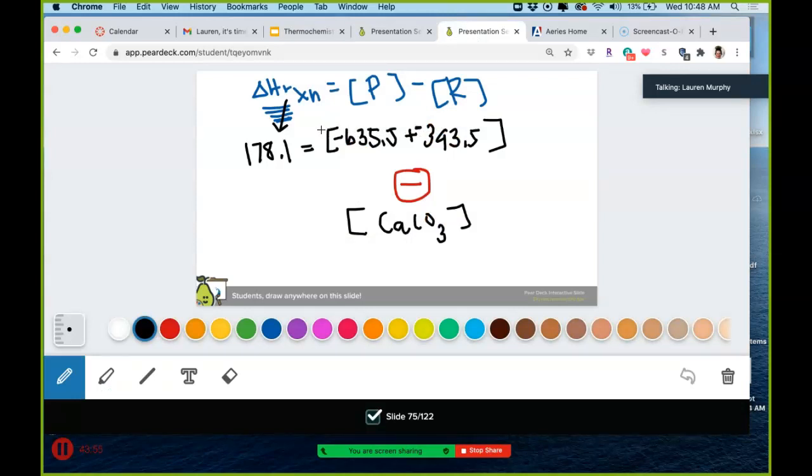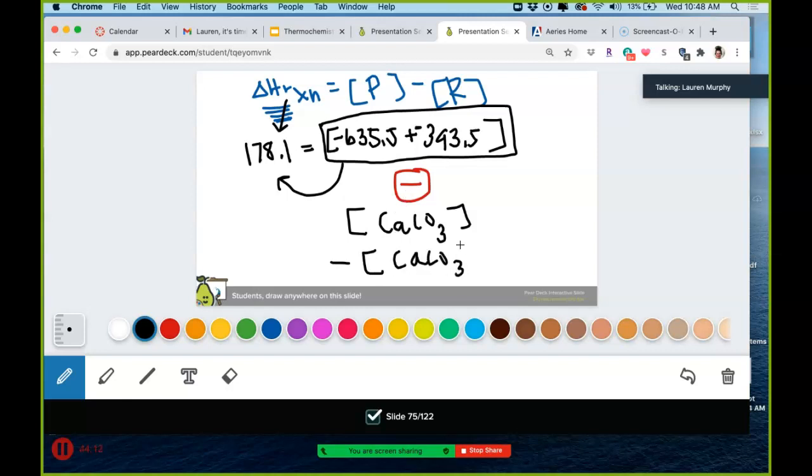And then now we have to move whatever this is to the other side. It has to come over here. So this is just basic algebra. Now be careful because that's going to leave you with negative, right? This is minus calcium carbonate, so you also have to move the negative sign over there too. So if you take negative 635.5 minus 393.5, does anybody have that number?